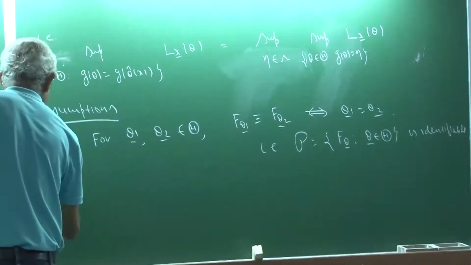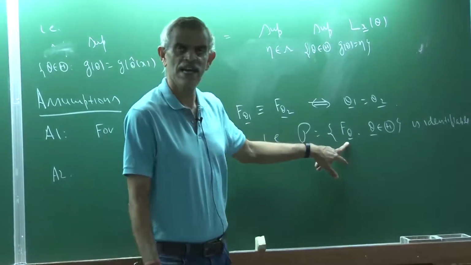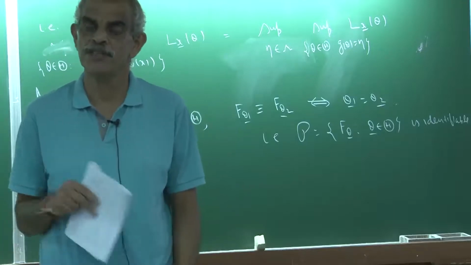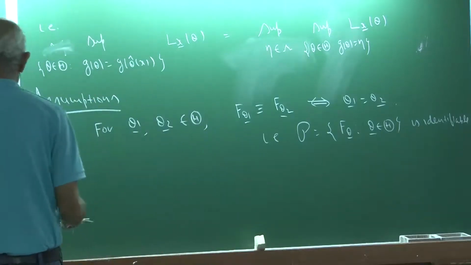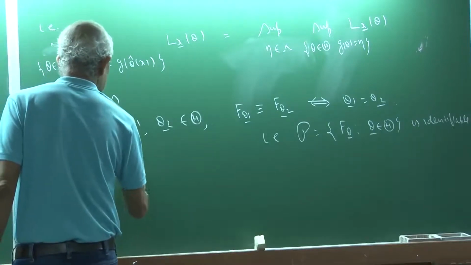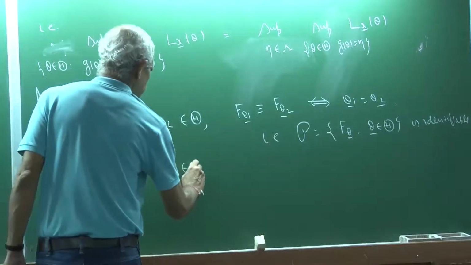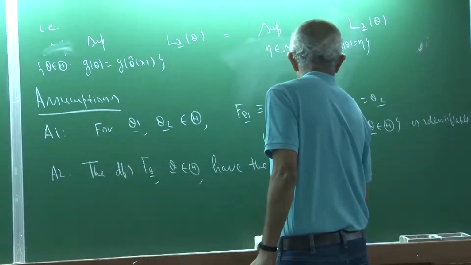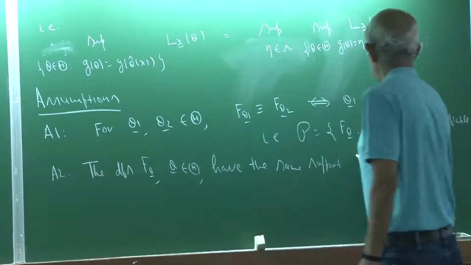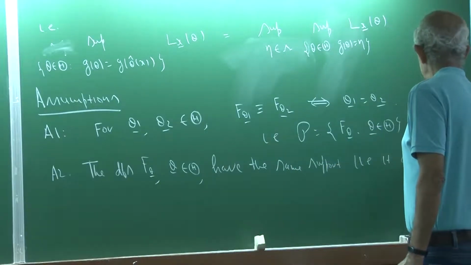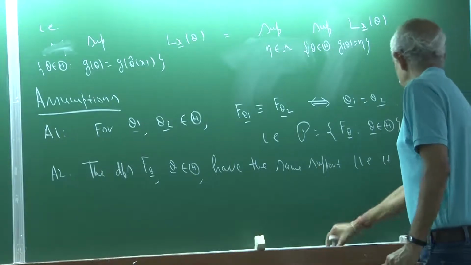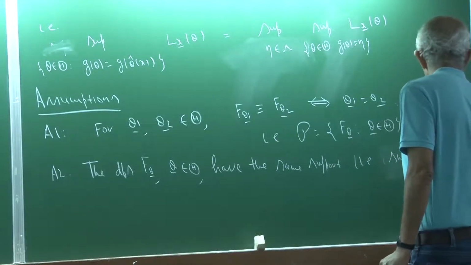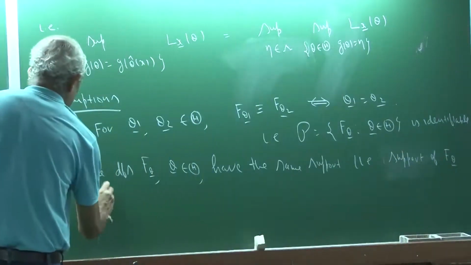The second assumption is that each of these f theta has the same support. So if I change theta, the support should not be different. In other words, the support of the distribution functions f theta, theta belonging to Theta, does not depend on theta.